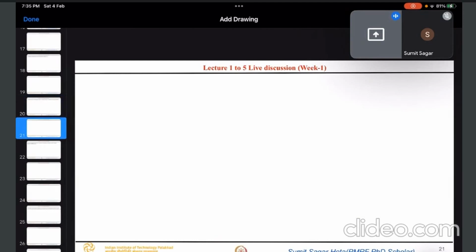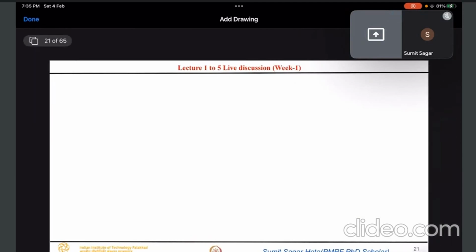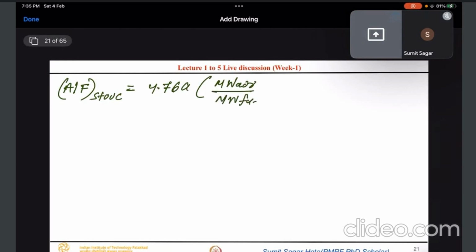If you know the A value, now you can calculate the stoichiometric air-fuel ratio, which is 4.76 times A times molecular weight of air divided by molecular weight of the fuel.